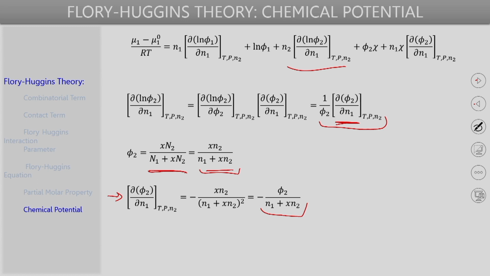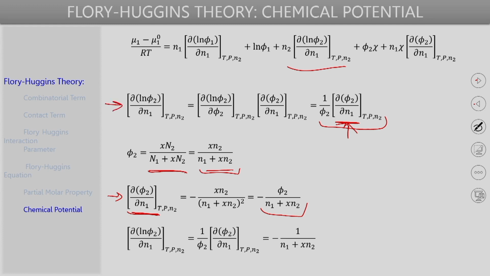Now if this partial derivative expression is substituted here, we get 1 over phi 2 times this partial derivative. Upon simplification the expression that we get is minus of 1 over n1 plus x n2, and that is the expression for the partial derivative of natural log of phi 2 with respect to n1.